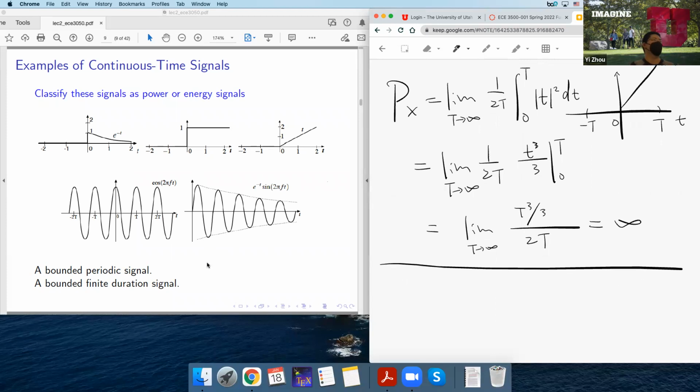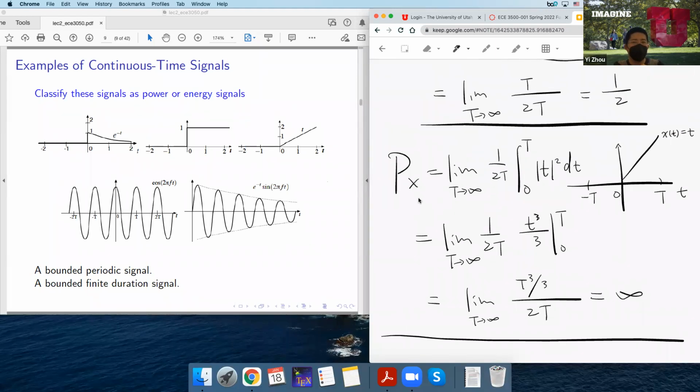Okay, yeah. Yes. If the power is finite, the energy has to be infinite, because the average power is basically the average energy. If the average energy is finite, the total energy over the entire time domain is going to be infinite.